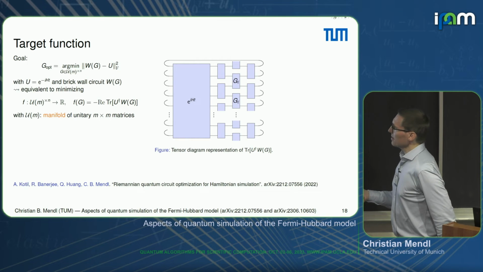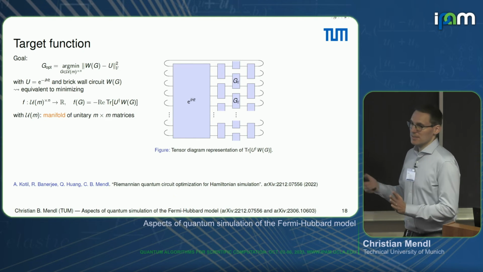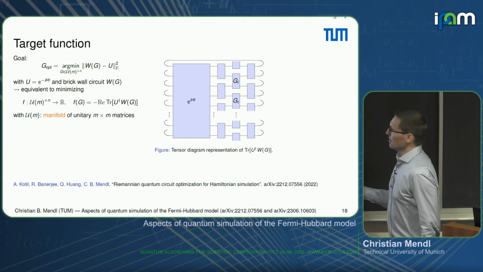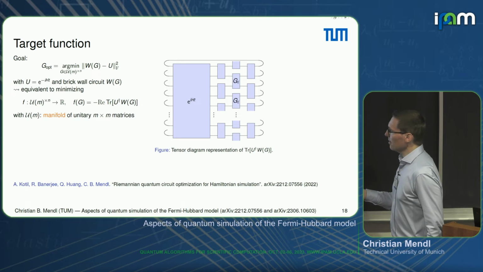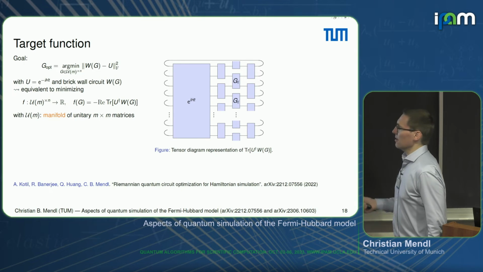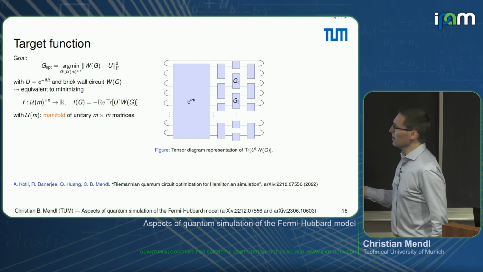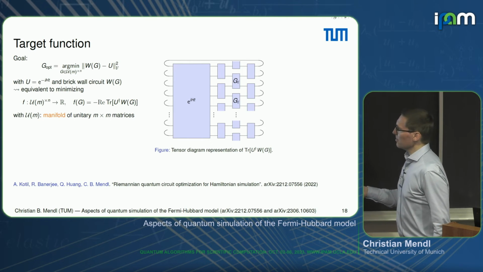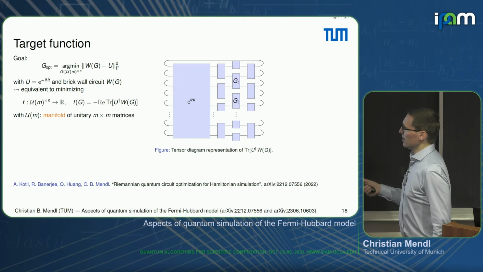If you expand this Frobenius norm difference, you see that you have terms with U dagger U, but these are just identity because U is unitary. So this minimization is equivalent to minimizing this F here, which is basically just the trace of U dagger and W. And if you write this expression as a tensor diagram, it would look like that.